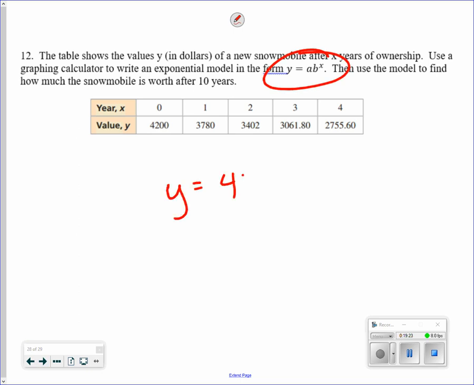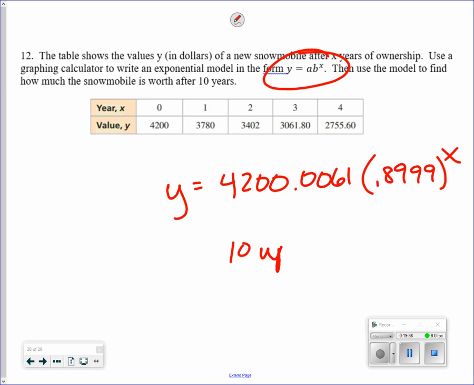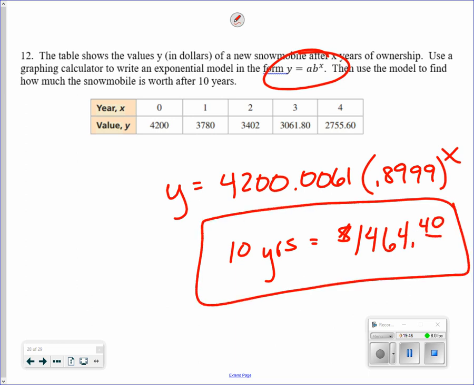So you should get roughly 0.8999 raised to the x. Then it's going to ask you to plug 10 in, and if you get 10 years, you should get 1464.40.